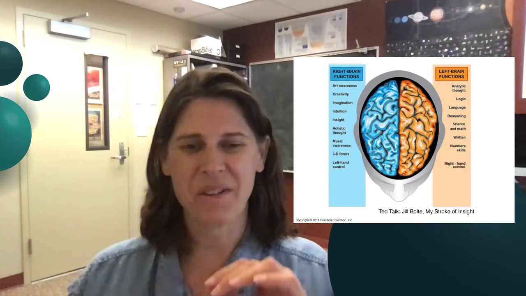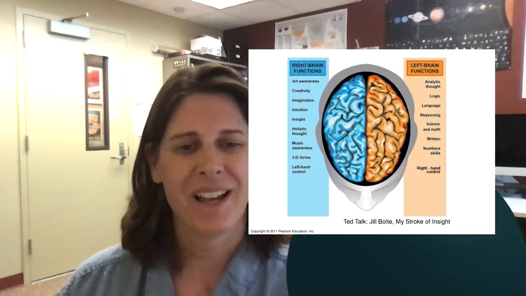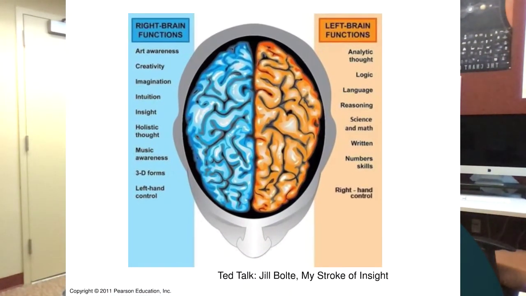I also put at the bottom there that TED Talk. Just go to tedtalk.com and look up Jill Bolte Taylor, My Stroke of Insight. This was an actual brain researcher that went through a stroke herself. And so she was able to remember what was going on when she was having the stroke.